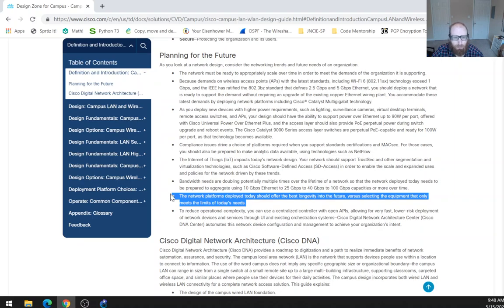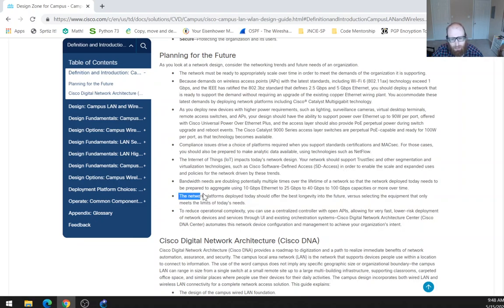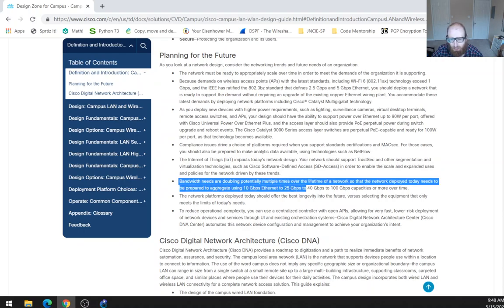So this is the one I'm most skeptical of when it comes to planning for the future. The rest of these are pretty clear, no argument there. But this, especially since this says that bandwidth needs are doubling potentially multiple times over the lifetime of a network.